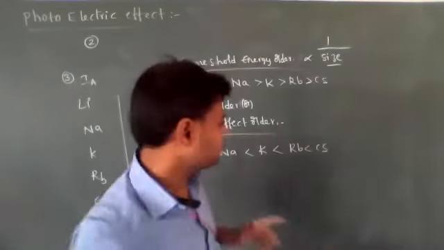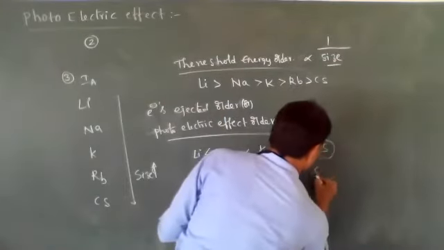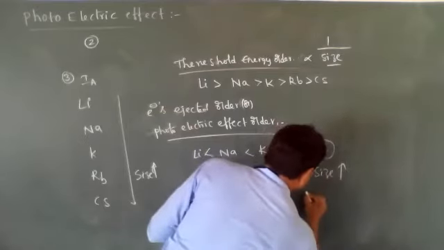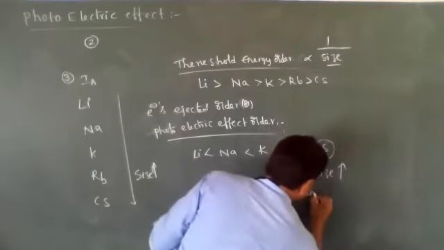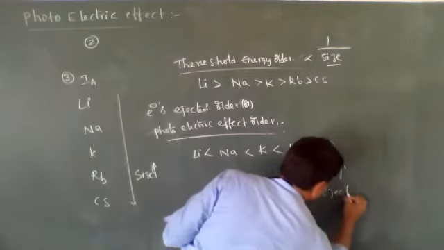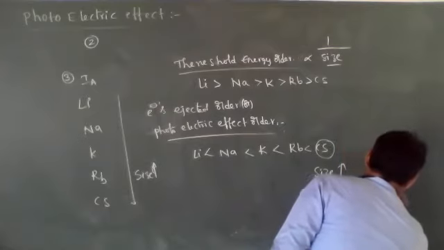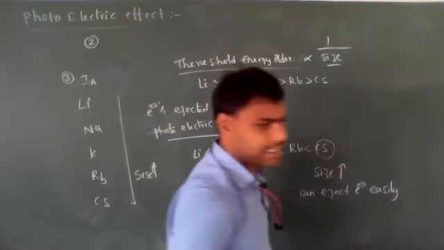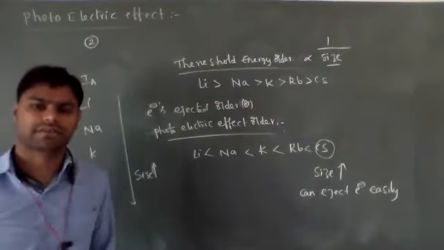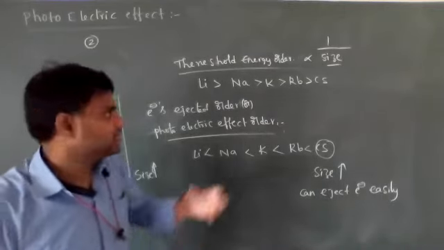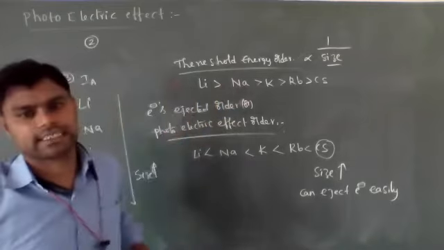Because cesium's size is more, it can eject electrons easily. That's why as the size increases, the threshold energy decreases.